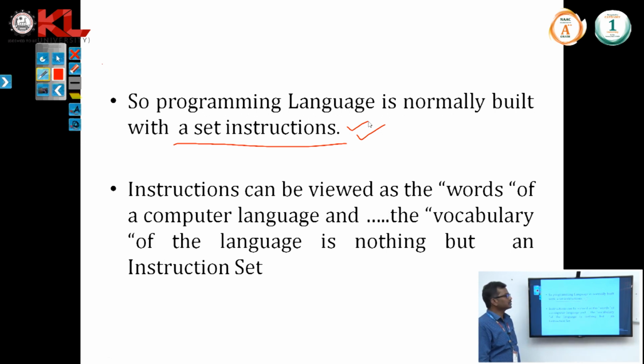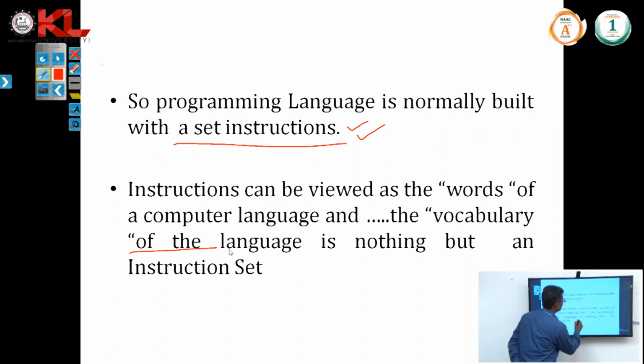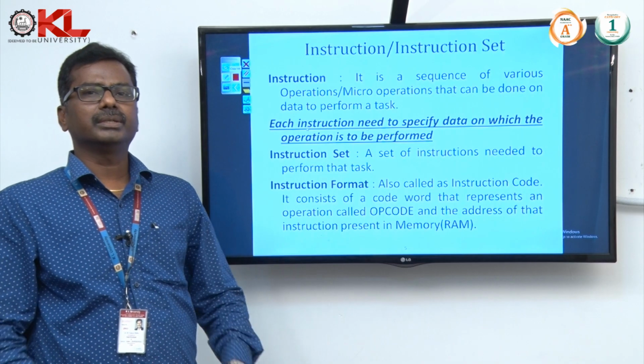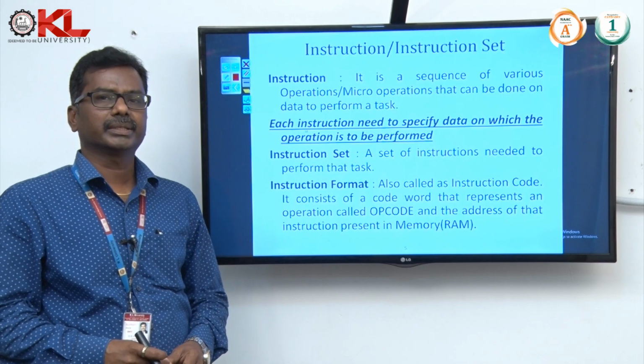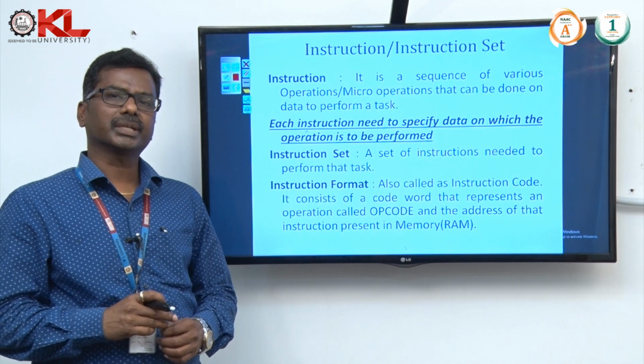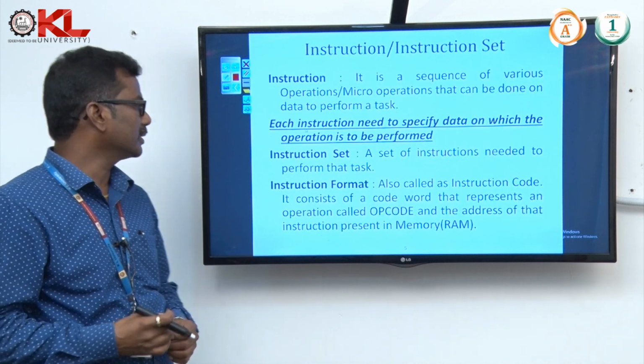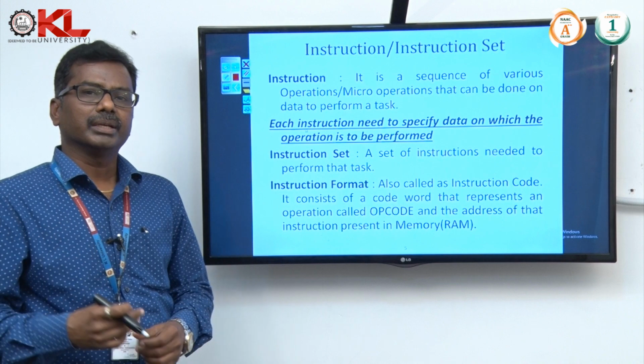So instructions can be viewed as the words of a computer language, and the vocabulary of the language is nothing but the instruction set. Let us define formally what is an instruction, then instruction set, and then instruction format.